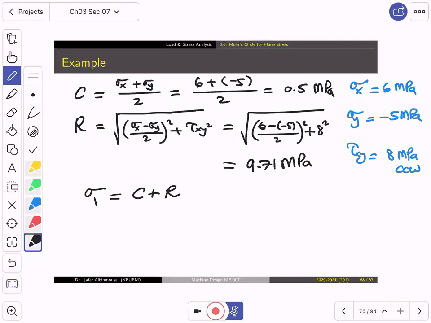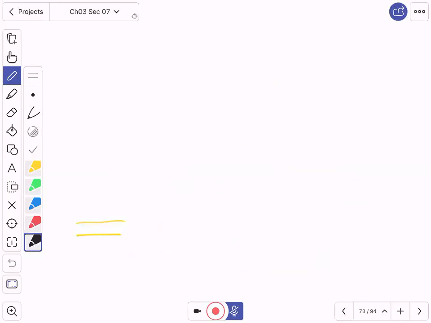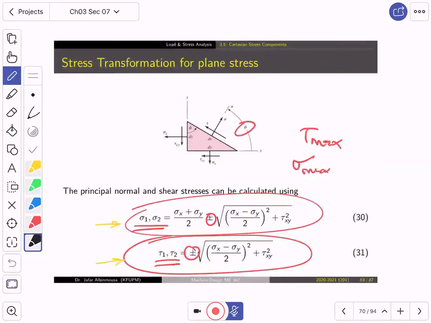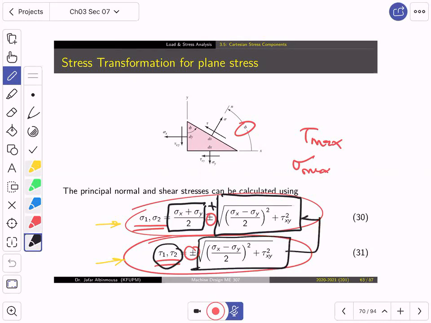Why? Let me take you back a little. Look at sigma 1. This is the center, which is sigma x plus sigma y over 2, the average, and this is the radius. So if I add them, I get the bigger value. If I subtract them, I get the smaller value. And not only that, notice that tau 1 and 2 is plus or minus the radius. This is the same, which is the radius.